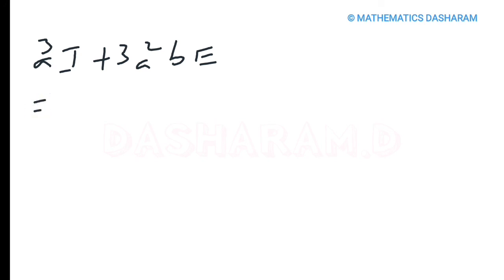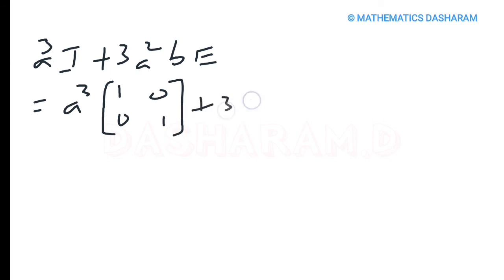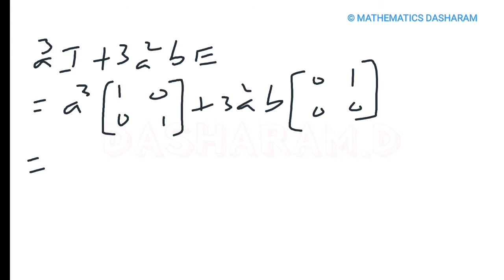Next, RHS: A cube I plus 3A square BE. So here A cube I, I means identity matrix, that is already given in the question, plus 3A square B into E matrix 0 1 0 0. Now A cube multiplying inside, A cube into 1 is A cube, into 0 is 0, 0, A cube.